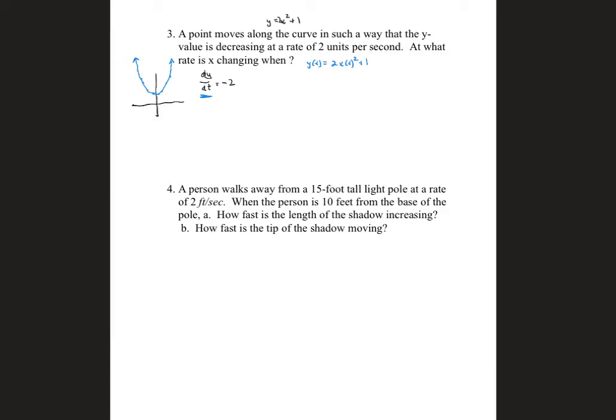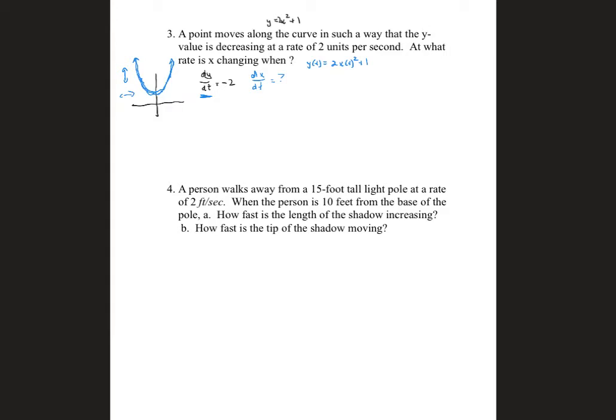So what we're looking for is dx/dt. As this particle moves along this curve, it's changing with respect to x, but it's also changing with respect to y. We're looking for how it is changing with respect to x when dy/dt is negative 2.